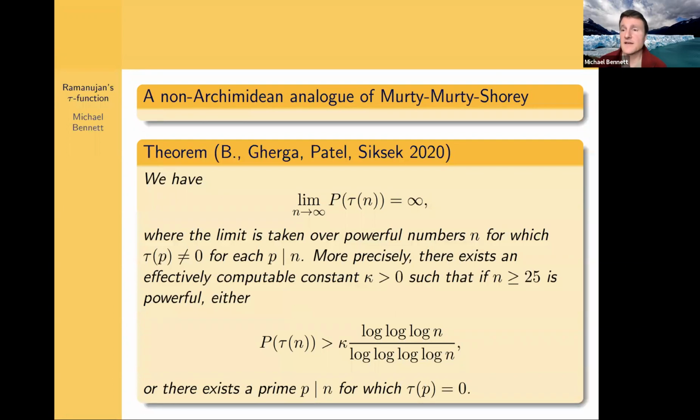Again, you could state it that either Lehmer's conjecture is false, or we get a lower bound of this shape, with an absolute positive constant kappa, and then it's log log log over log log log log, the traditional sound of somebody drowning that comes up in analytic number theory.